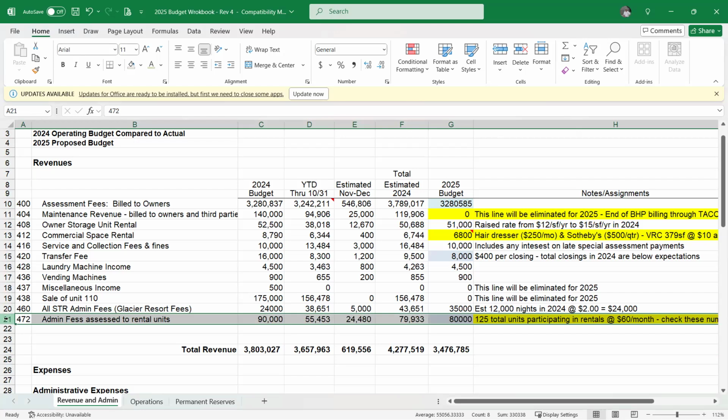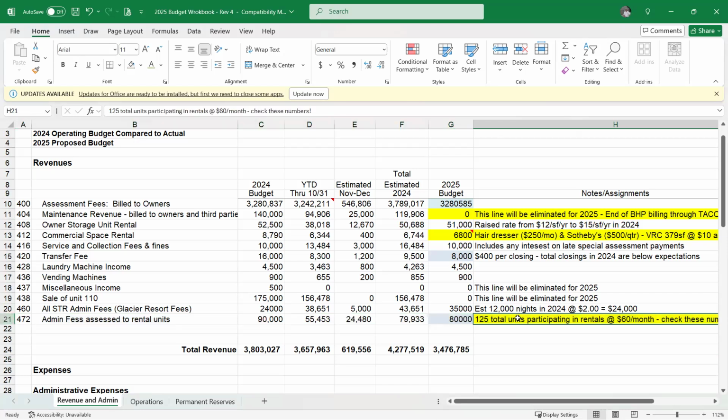Admin fees assessed to rental units. This is $60 a month charged to every rental unit, no matter whether it's long-term or short-term. That came in a little under budget. I guess I'd like to verify at this point that we are at about 125 total units, short and long-term.